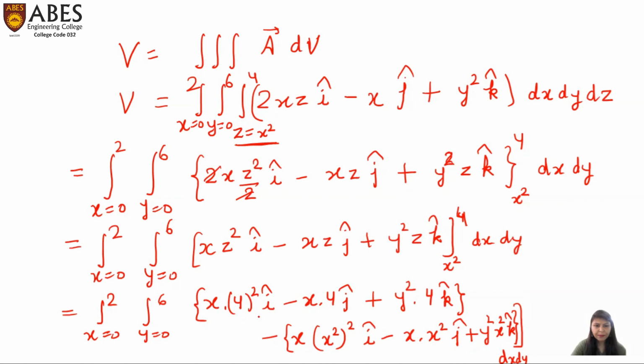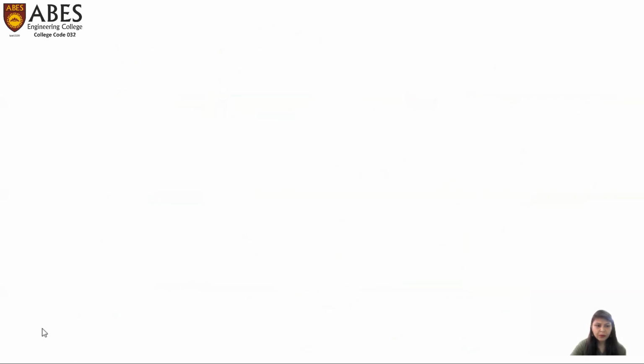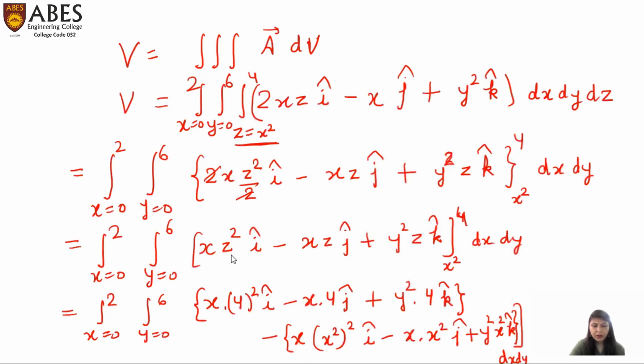V equals integration x equals 0 to 2, y equals 0 to 6, 16x i cap minus 4x j cap plus 4y square k cap.